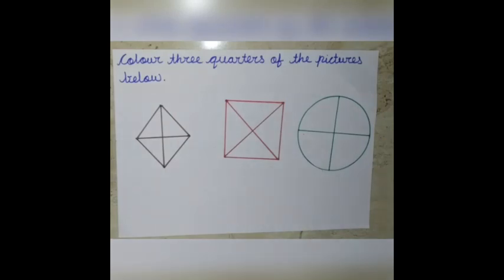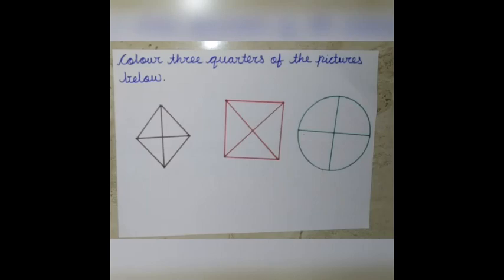So children, your question is color 3 quarters of the pictures below. We have to color 3 quarters, which means 3 equal parts we are going to color.